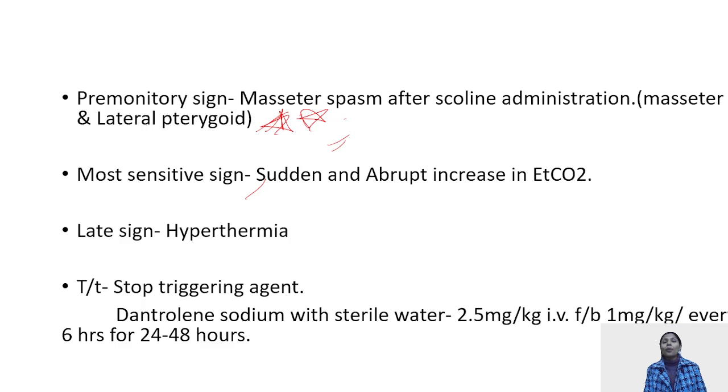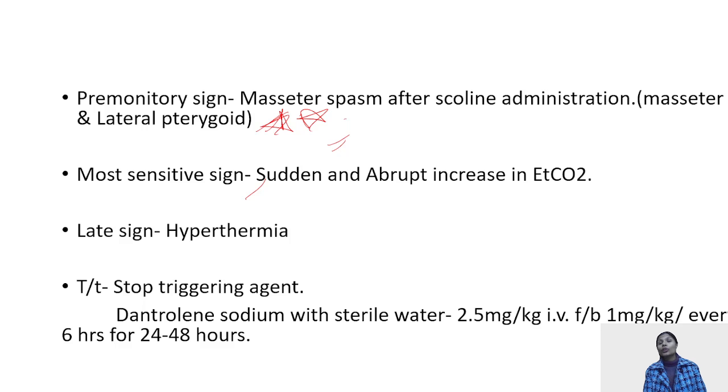And the most common and sensitive sign of malignant hyperthermia is a sudden, abrupt and very high rise in EtCO2. Please remember, hyperthermia is a late sign of malignant hyperthermia.